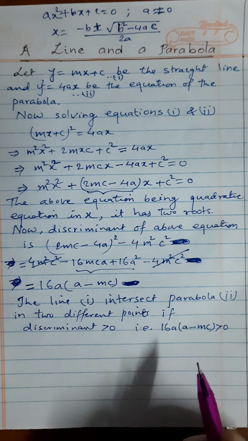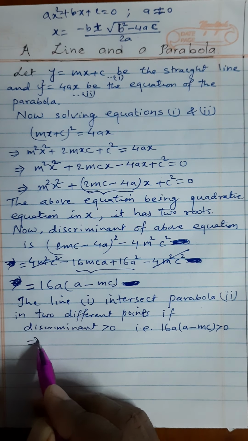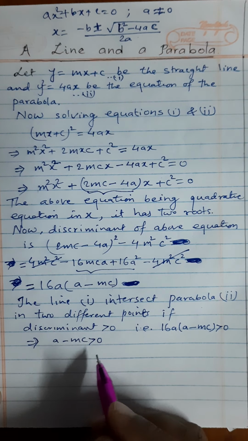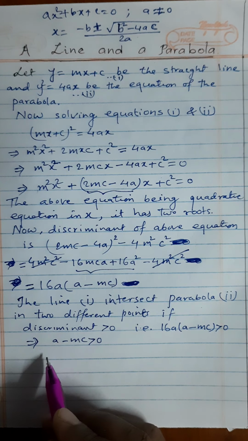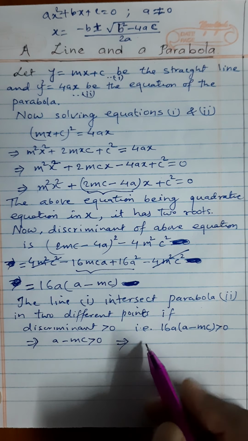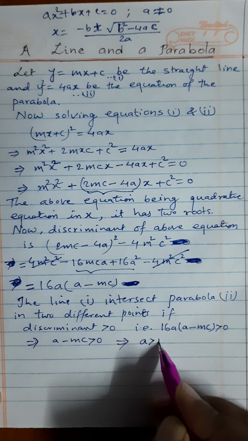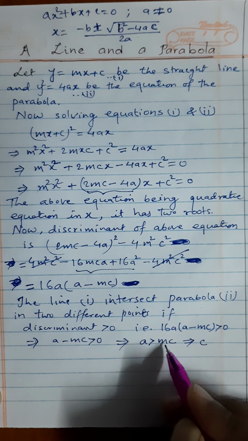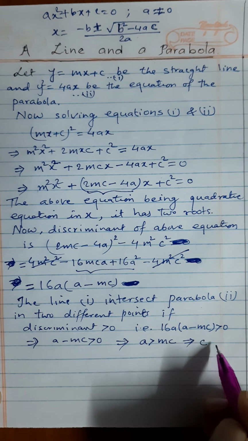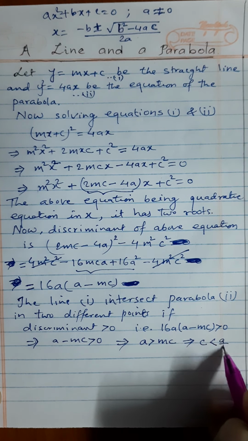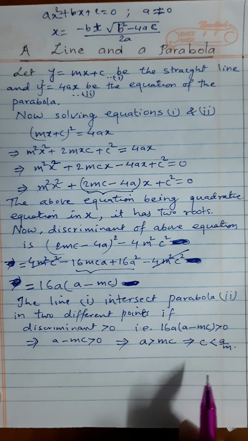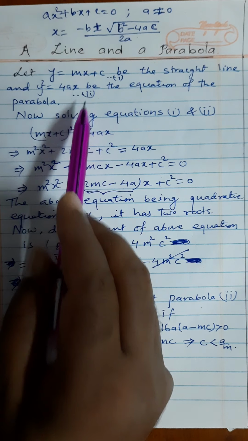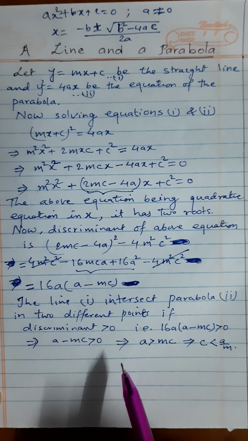Dividing both sides by 16a, this implies a minus mc is bigger than 0, and this further implies that a is bigger than mc, and dividing both sides by m, c is smaller than a over m. So if c is smaller than a over m, then the line 1 intersects parabola 2 in two different points.